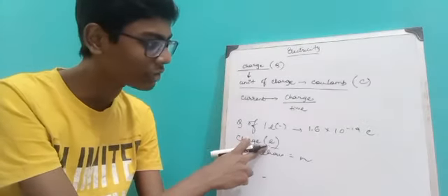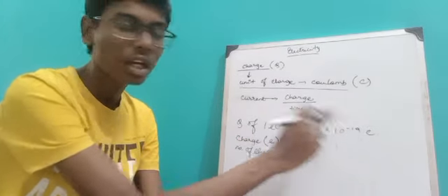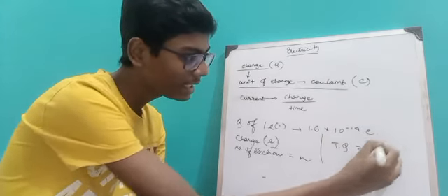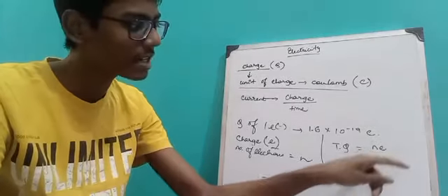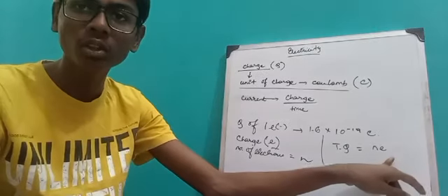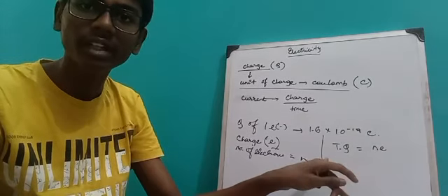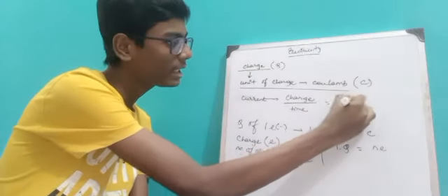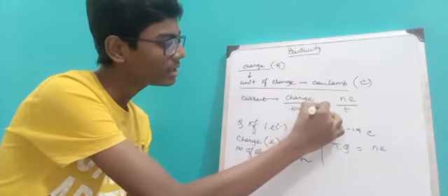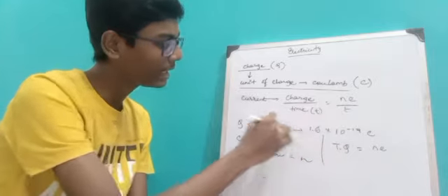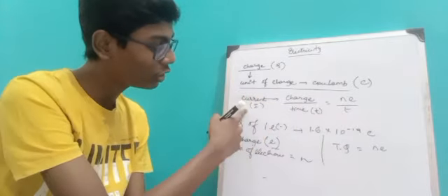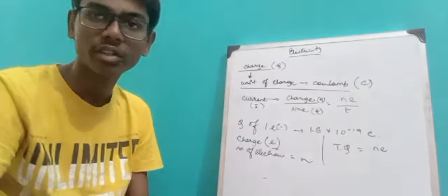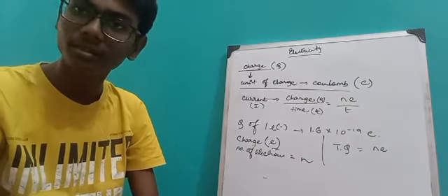Can we say that the total charge equals ne? Obviously, because the number of electrons times the charge of one electron gives the total charge. So current I equals Q by t, that is ne by t, because time is denoted by t, current by I, and charge by Q. Understood?